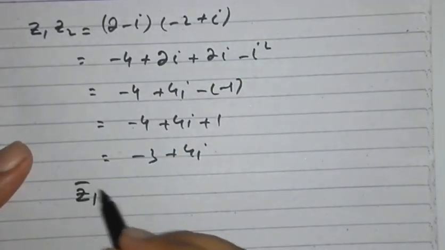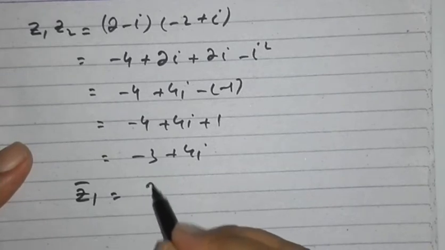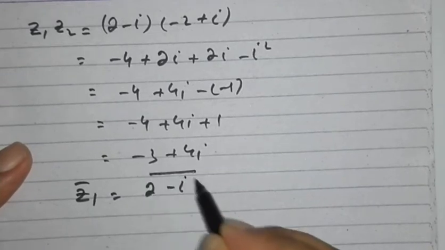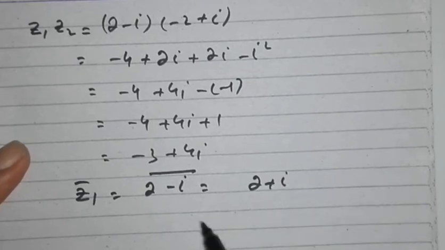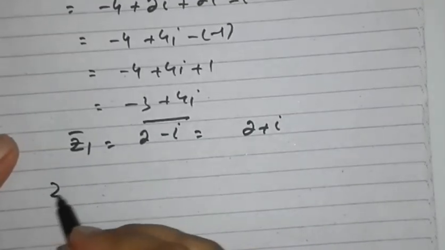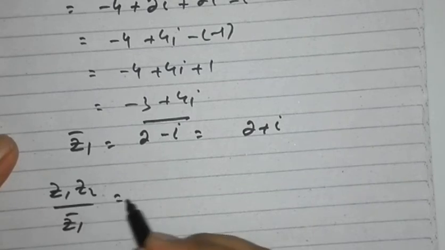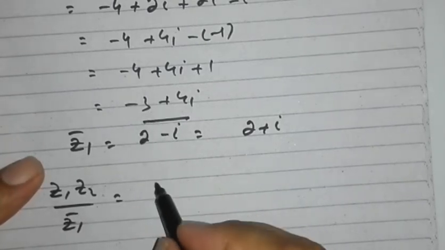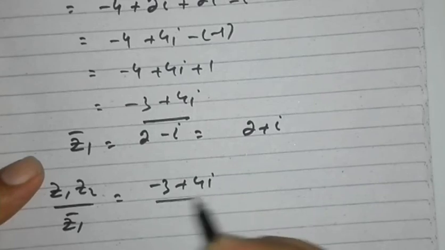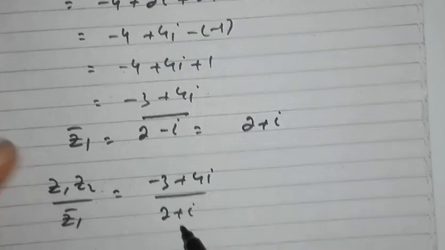Now Z1 conjugate is equal to 2 minus iota conjugate, which is equal to 2 plus iota. Now divide Z1 Z2 divided by Z1 conjugate. Z1 Z2 value is minus 3 plus 4 iota divided by 2 plus iota.